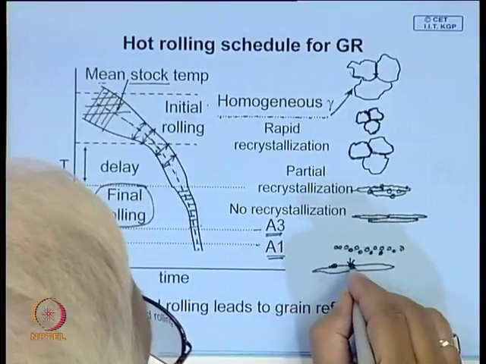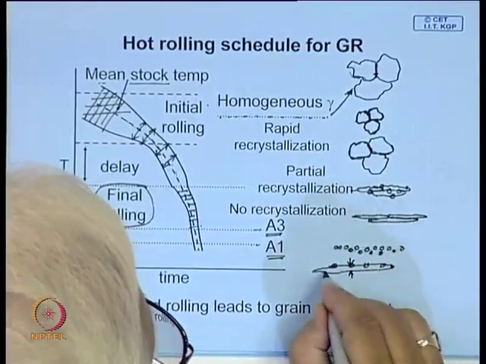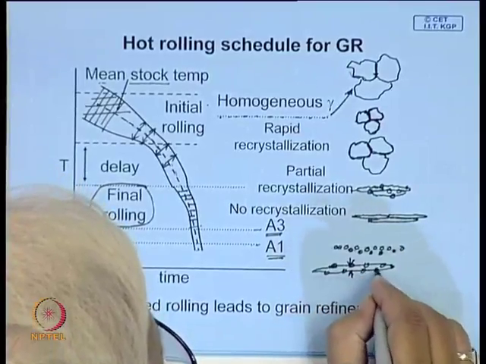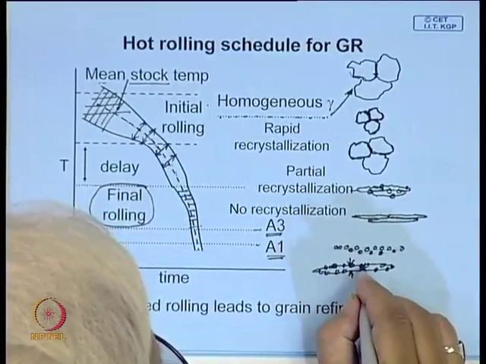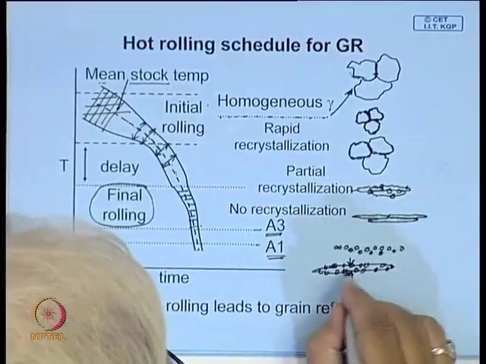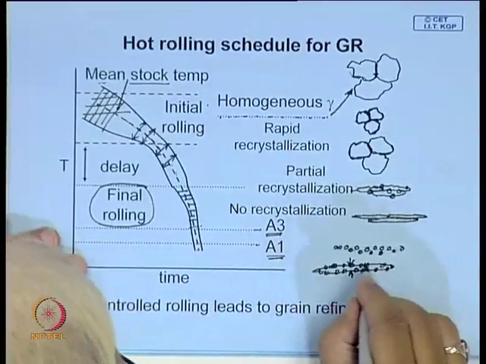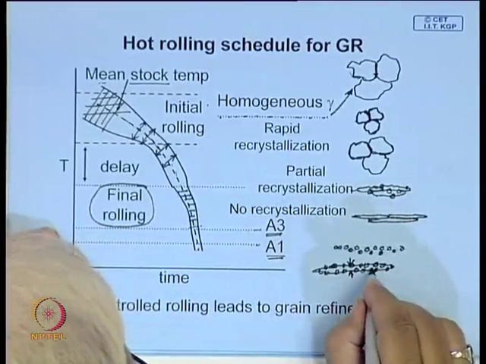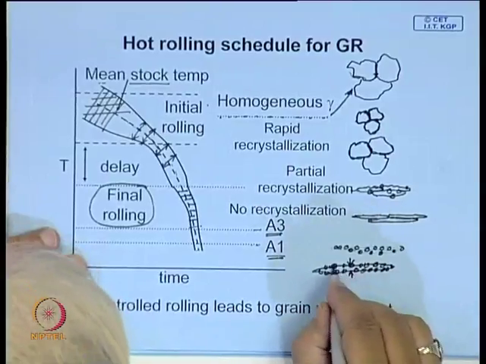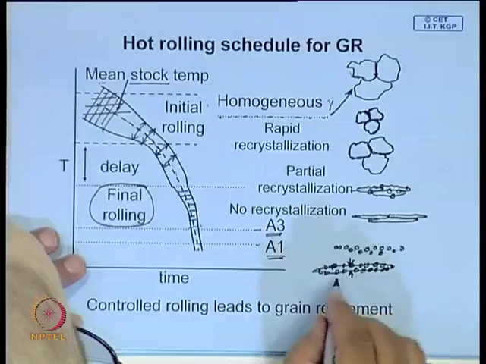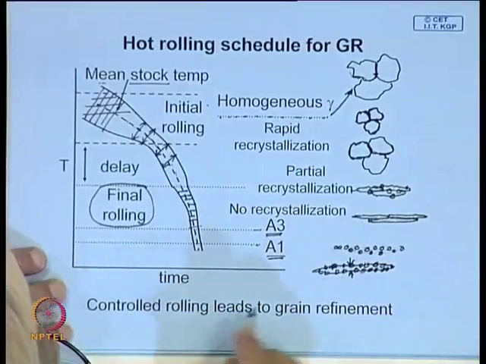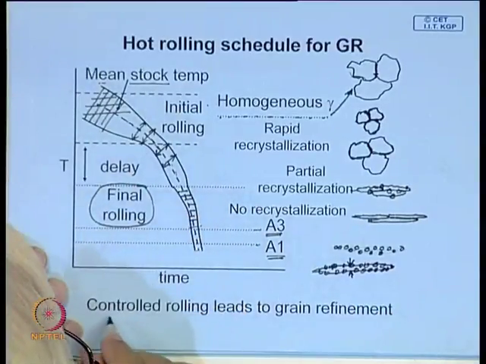Therefore, you have a large number of these ferrite grains forming. So, if you have ferrite grains nucleating in such thin grains of austenite, the final ferritic grain size is expected to be extremely fine. So, this is the principle of controlled rolling.